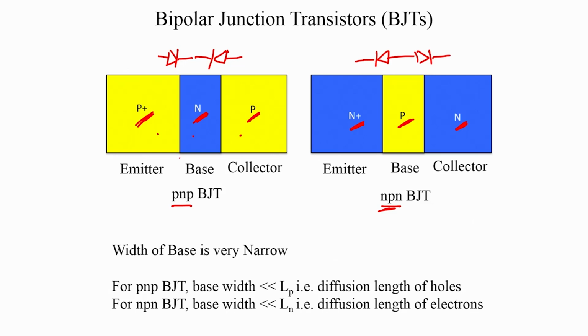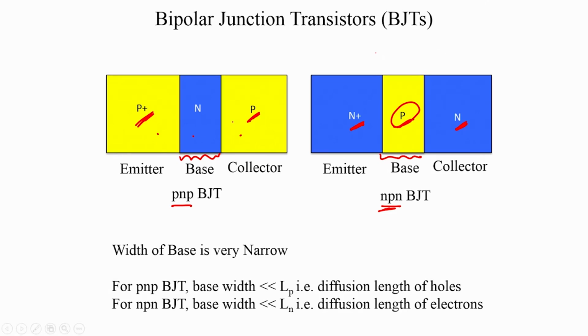So, this region which is in the middle, which is the N doped region here and the P doped region here, has to be extremely small, or extremely narrow, I would say, not small but extremely narrow, for you to have a properly working BJT. So, in some sense just blindly using a circuit equivalent of two diodes is not probably the right representation of a BJT.